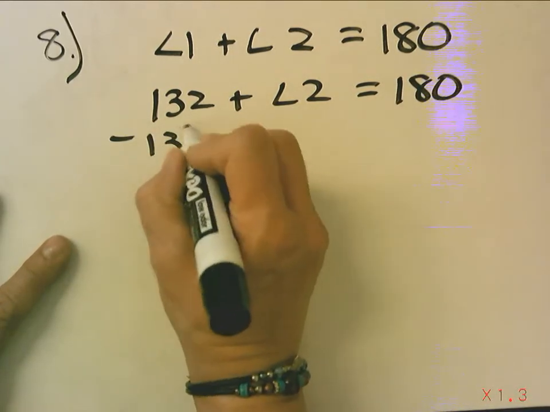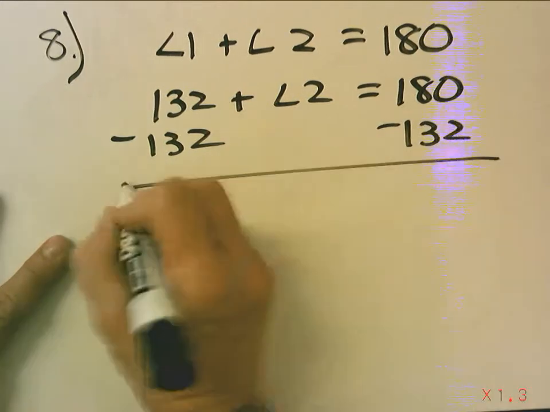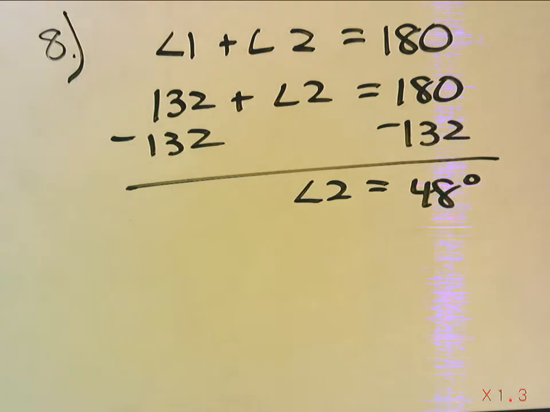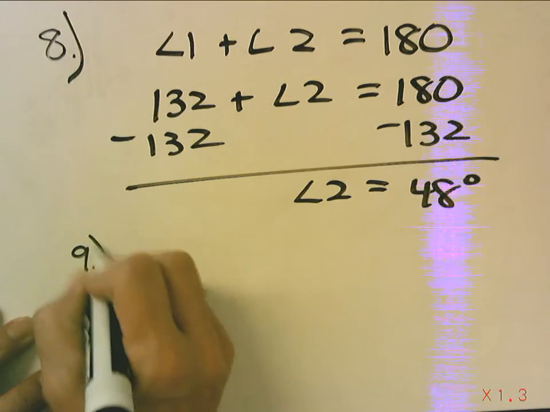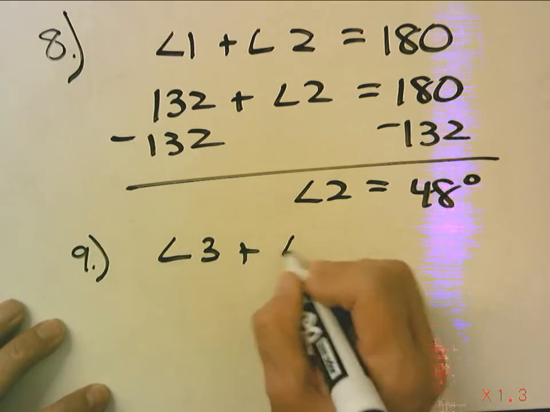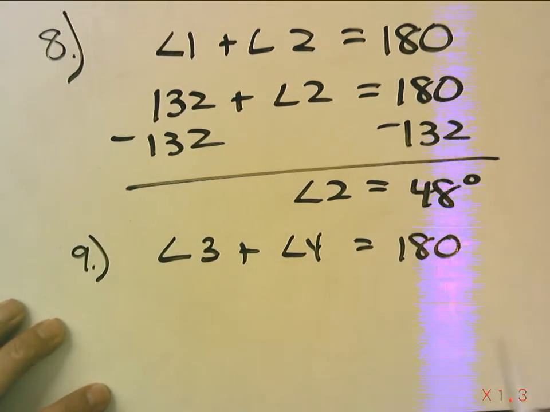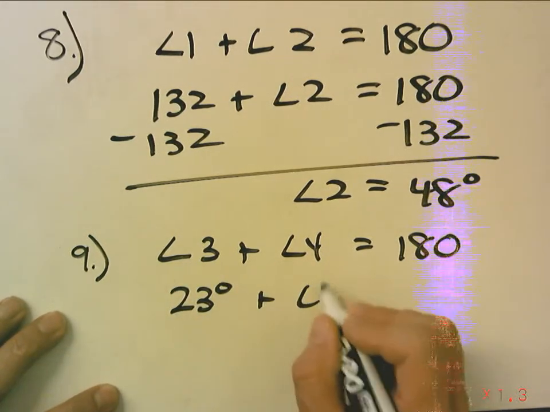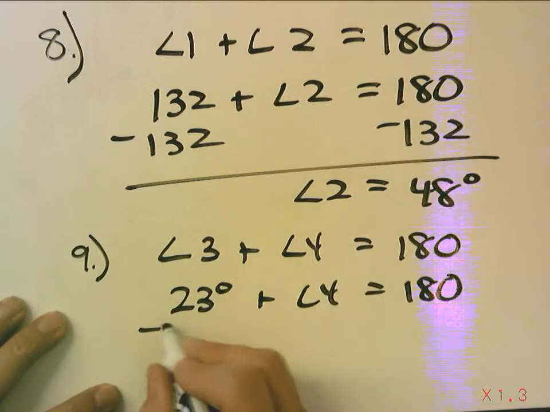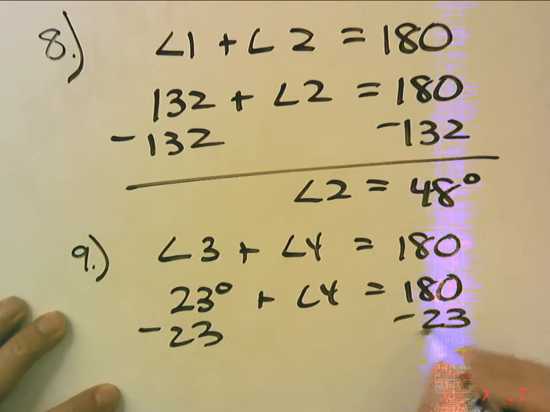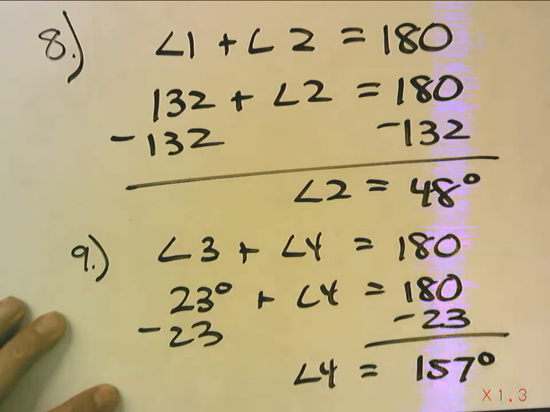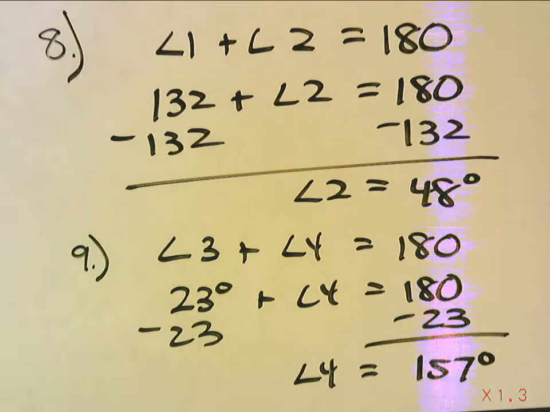So I'd subtract 132, subtract 132. Angle 2 equals 48 degrees.